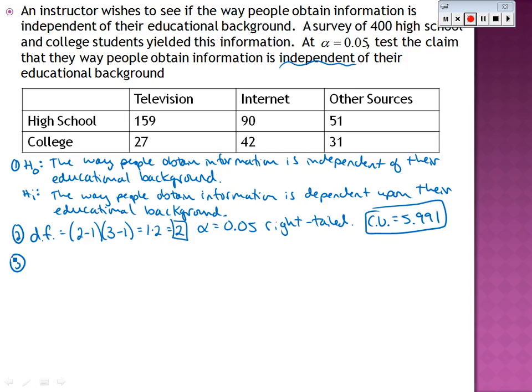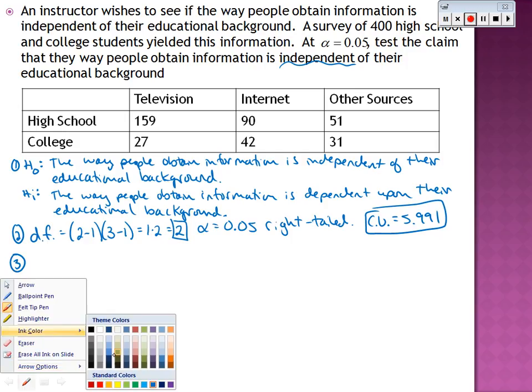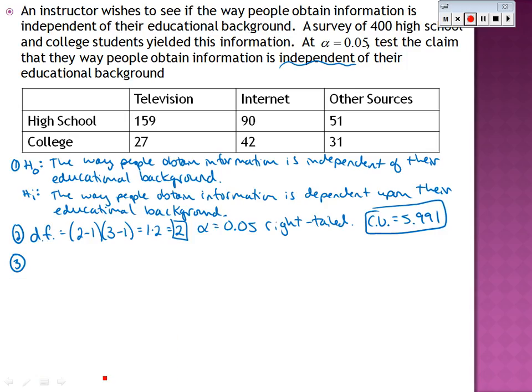Step 3 for your test value. I'm hoping that the calculator just appealed to a lot of you. If the calculator didn't appeal, I will show you again how you get your totals and show you again how to get those expected values. You need to add up every row and every column and get those totals, and then you also need a grand total.